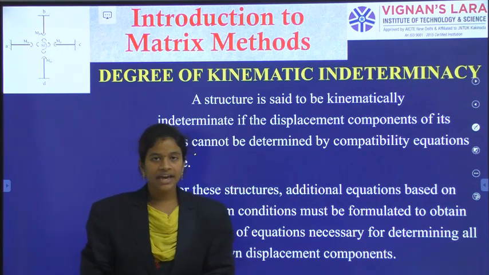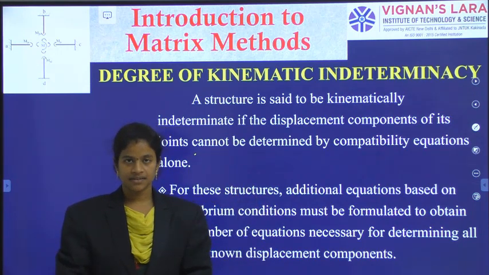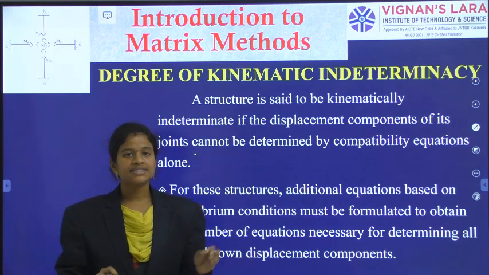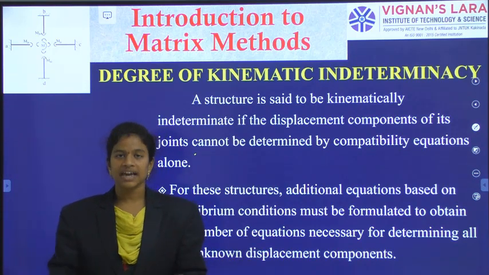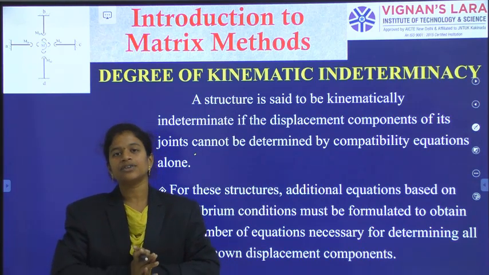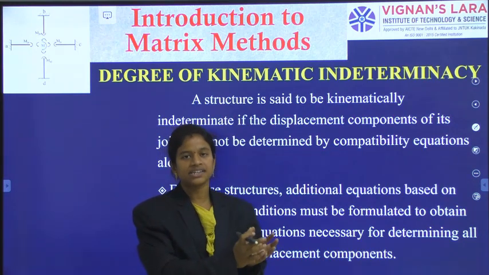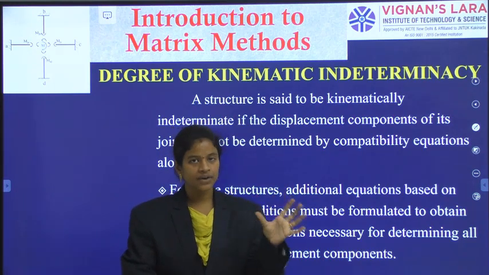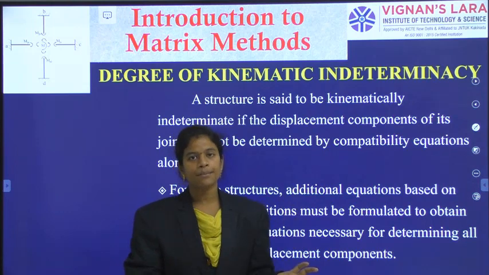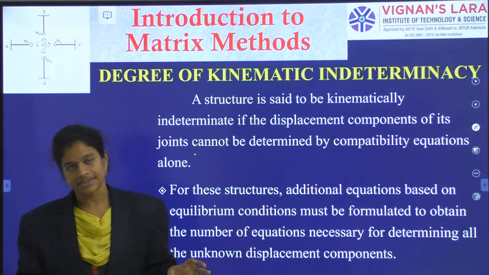So, till now we have observed only for analyzing the external support reactions. Those support reactions, if I can't calculate using the available equilibrium equation, that new unknown equations required, that count will come into degree of static indeterminacy or degree of redundancy.